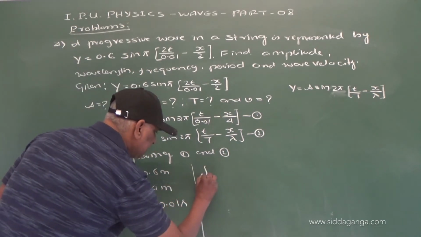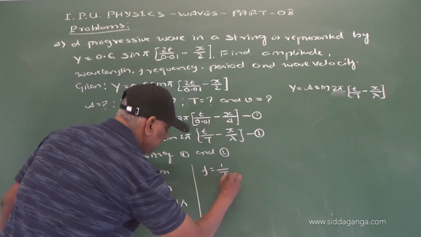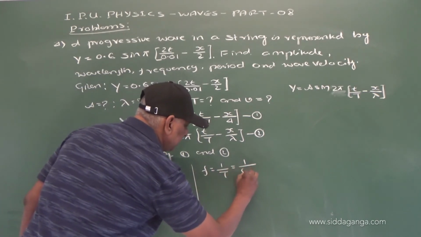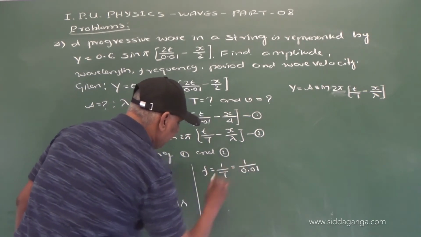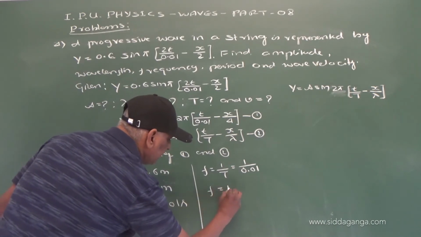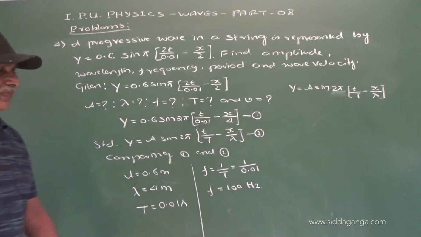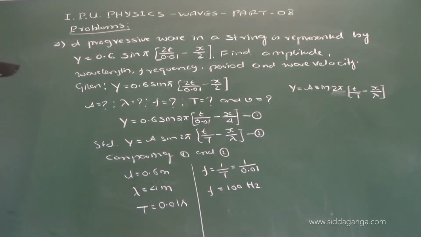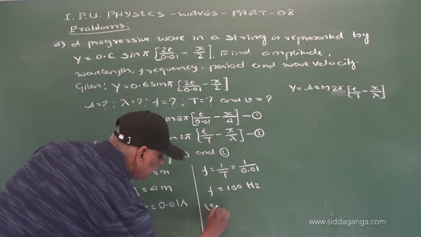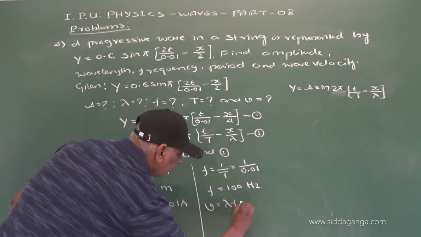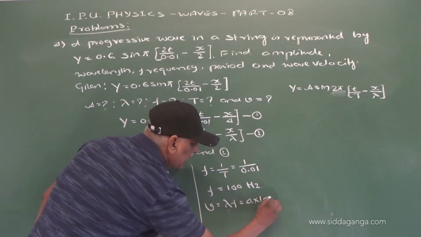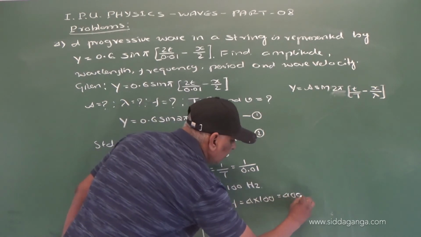Now frequency f is equal to 1 by T, that is equal to 1 by 0.01, or frequency f is equal to 100 hertz. Now wave velocity v is equal to lambda into f, that is 4 into 100, that is equal to 400 meter per second.